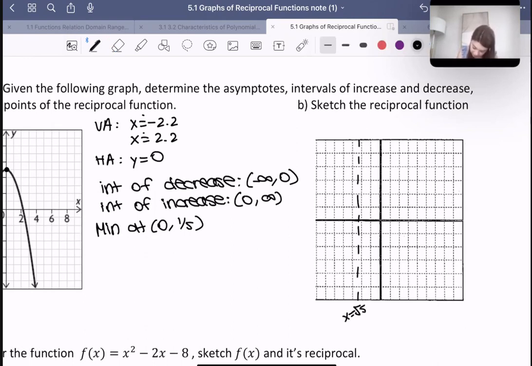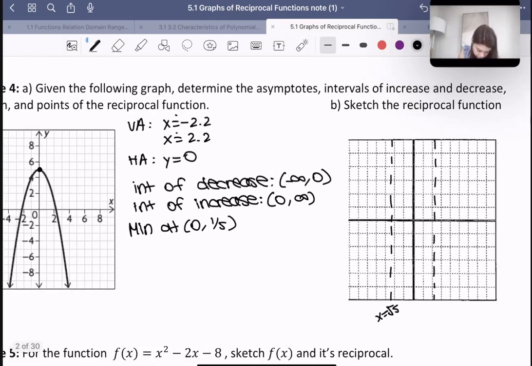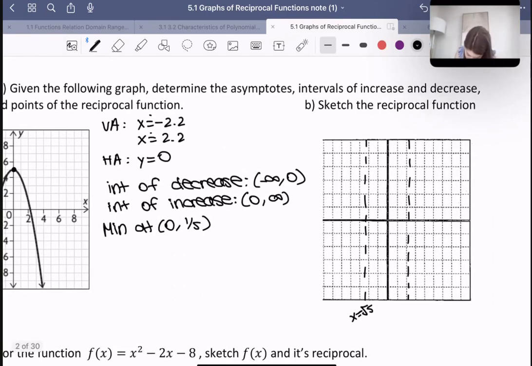Negative root 5 over here, and then over here we have root 5. Awesome. All right, and then we have a horizontal asymptote at y equals 0.